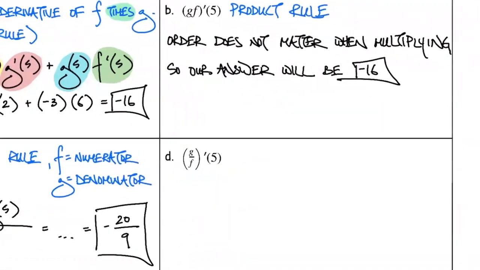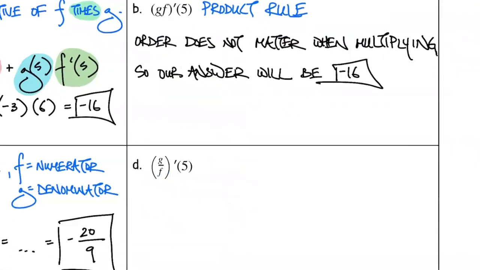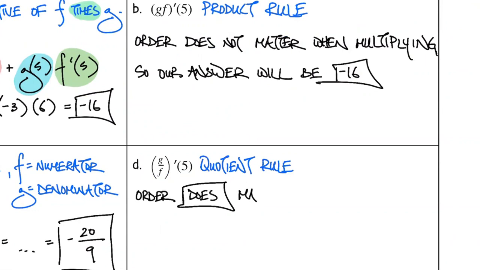And so let's make that really explicit for ourselves here, that for D, we're going to use quotient rule. Okay, so that's something we're going to write down. We are going to use quotient rule here. And order does matter when dividing.